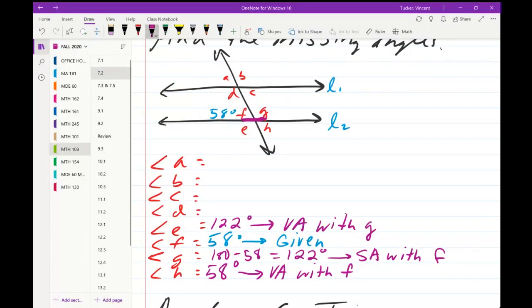All right, so now, a couple ways we can find out A, B, C, and D. One way is to recognize that this cluster corresponds to this cluster.